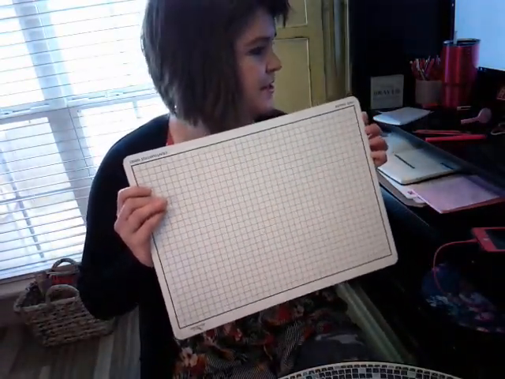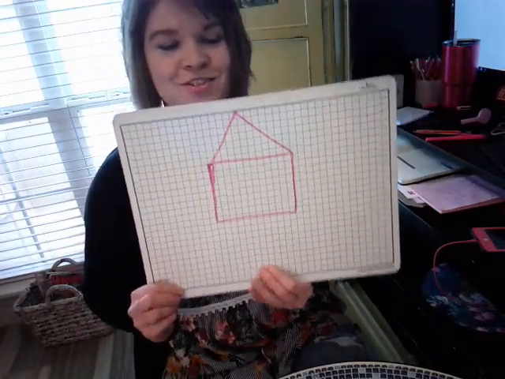Now, in the past, we've talked about area on a grid, such as this. And let me make a shape. You loved this. This was your favorite part, right? You had to figure out area inside of this little house shape.